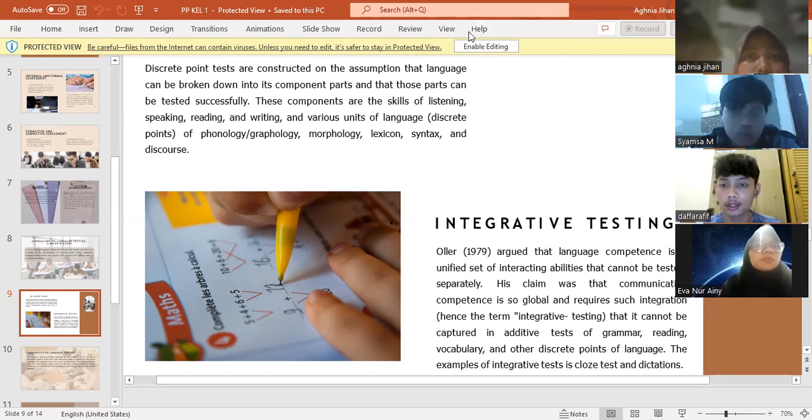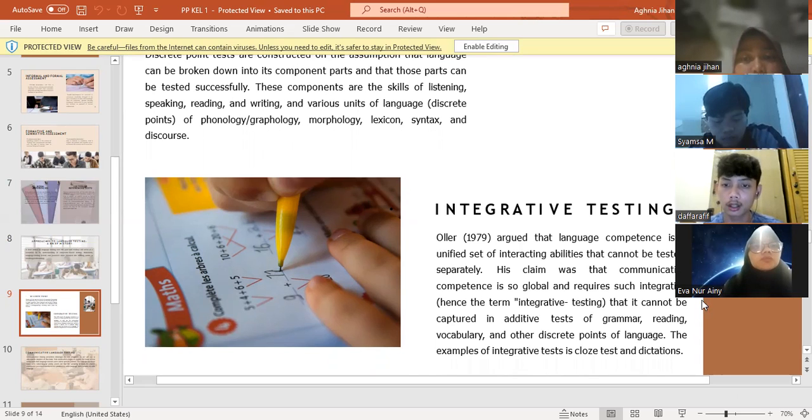His claim was that communicative competence is so global and requires such integration, hence the term integrative testing, that it cannot be captured in additive tests of grammar, reading, vocabulary, and other discrete points of language. Examples of integrative tests are cloze tests and dictations. Next, please.